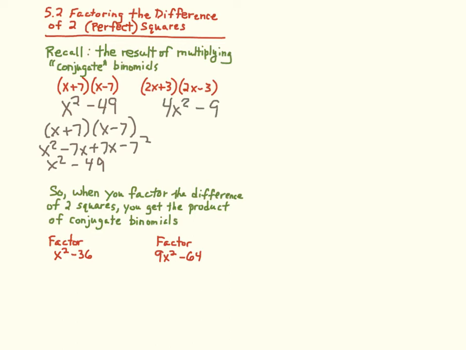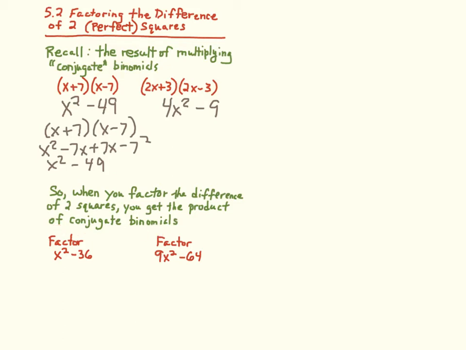So if I factored 4x squared minus 9, its factors would be what I started with up here. So when you factor the difference of two squares, you get the product, or multiplication, of conjugate binomials.